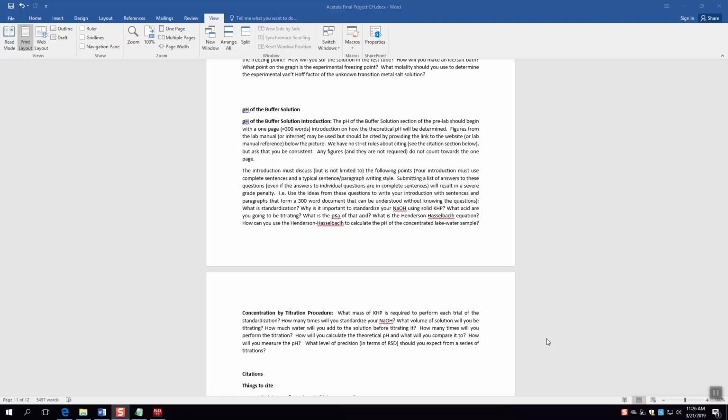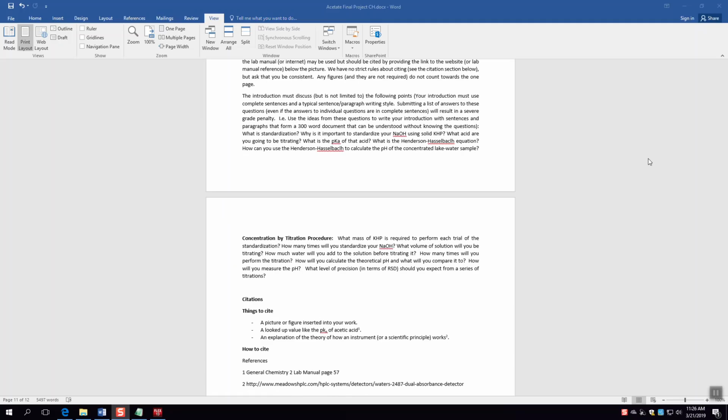Next, you're going to actually titrate your unknown solution. So you're going to titrate 5 milliliters of your unknown solution. You can add a little bit of water to bring your volume up, and you're going to add some phenolphthalein indicator. You are going to use the phenolphthalein indicator for the standardization as well, although I didn't mention it before.